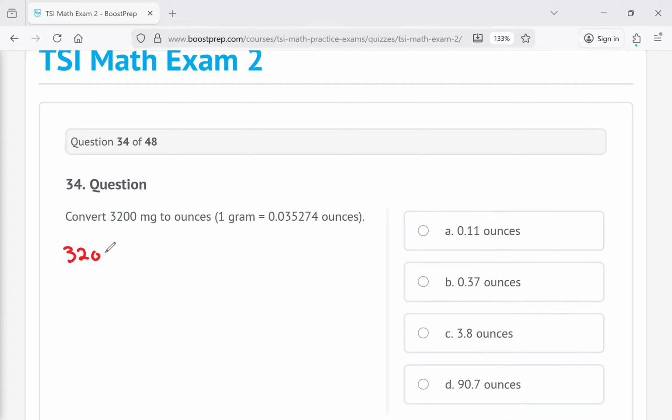We'll start with 3,200 mg, times a fraction, and I'm going to put mg here in the bottom, and then do I put grams? So 1 gram is 30.9. No, I think I have to do a double conversion, right?